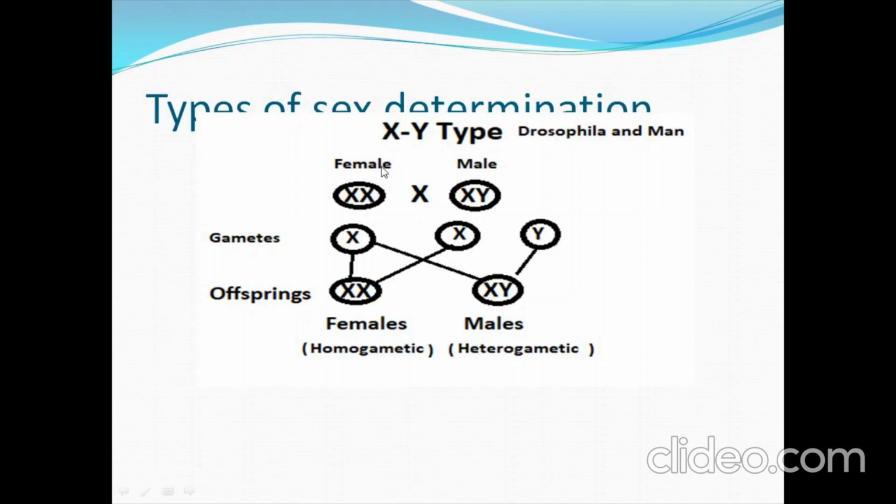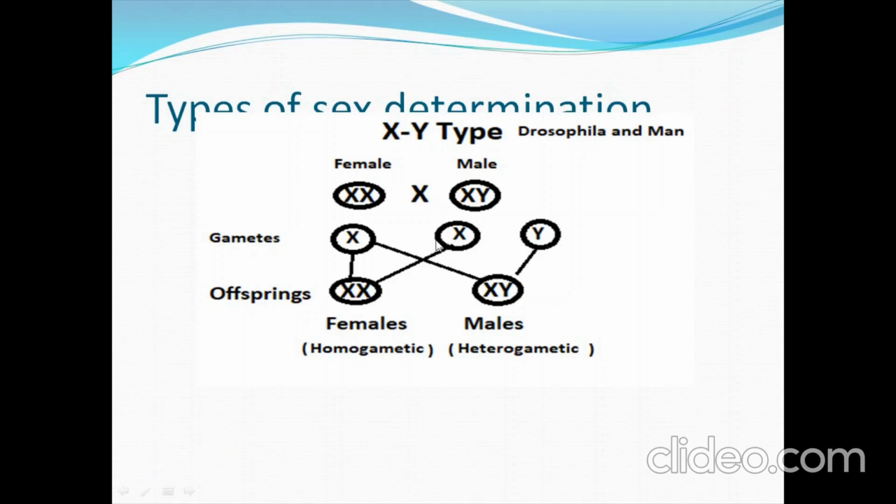Here, females have two X chromosomes and males have one X chromosome and one Y chromosome. Females produce one type of gamete having an X chromosome, and males produce two types of gametes, one having an X chromosome and the other with a Y chromosome.